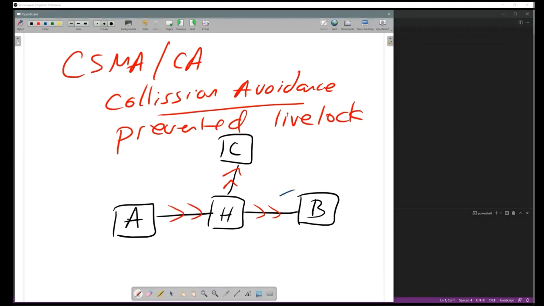And then B starts sending. Actually, before the connection gets to B, let's say that B starts sending, because it hasn't received the message from A yet. Then it receives the message from A, but it's too late. It already sent its own message out.